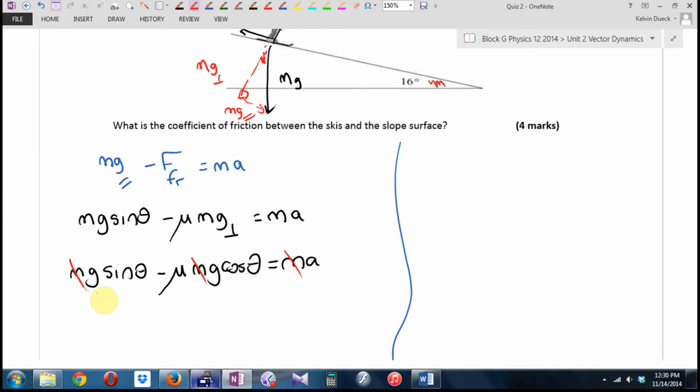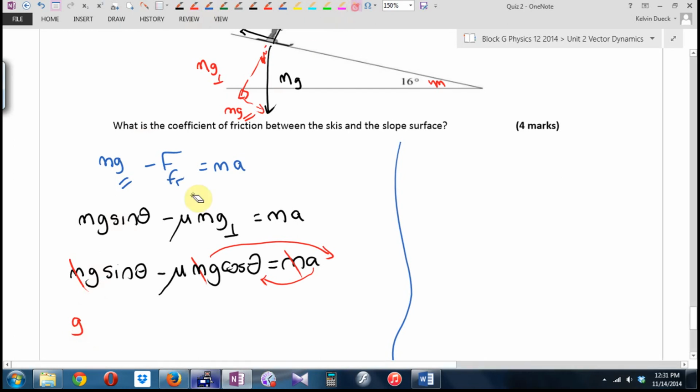What are we trying to find? Mu. I'm going to plus the mu to this side and minus the a to that side at the same time. I'm going to get g sine, take away a, equals mu g cos.